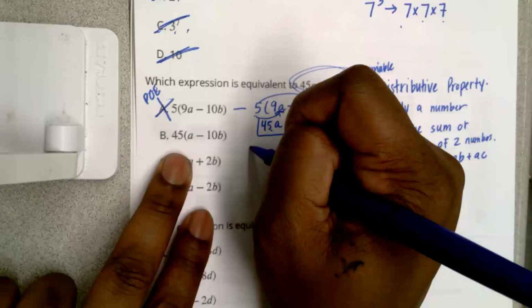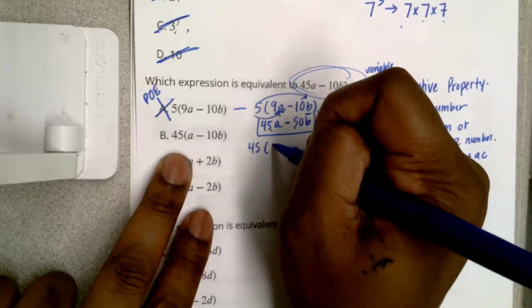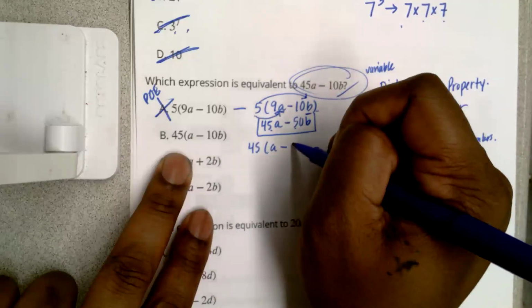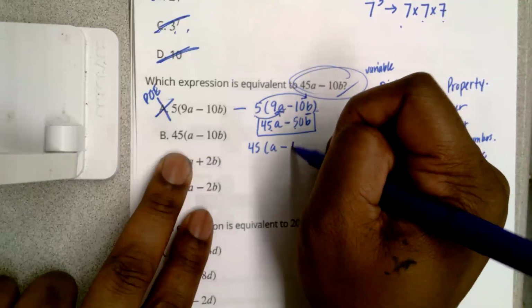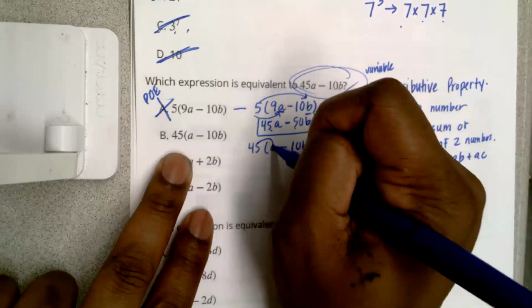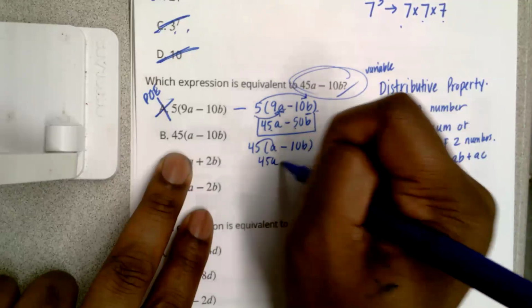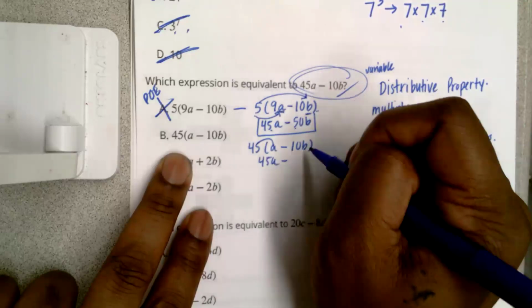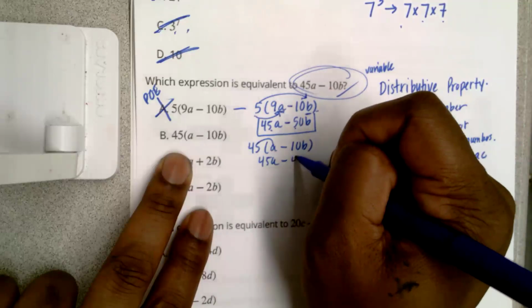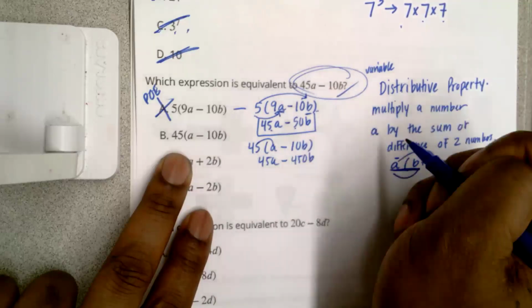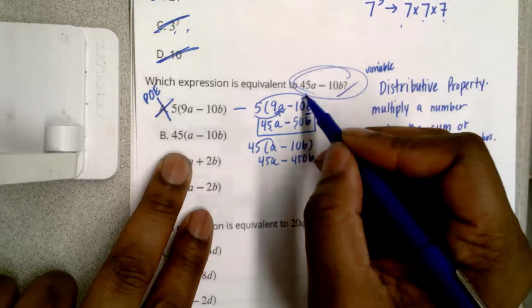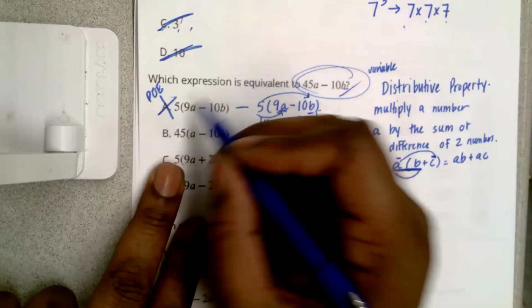Let's look at this one. 45 is being distributed into the difference of A and 10B. 45 times A is 45A minus 45 times 10B is 450B. Is that the same as 45A minus 10B?